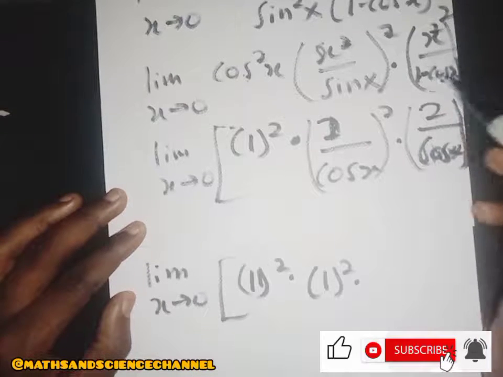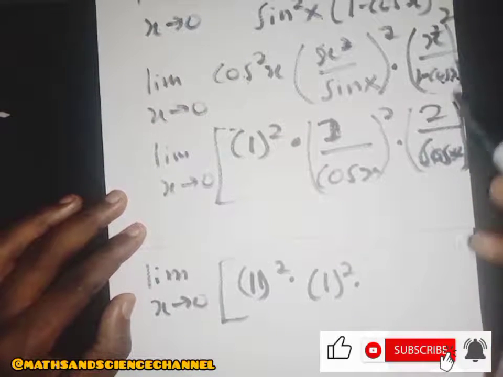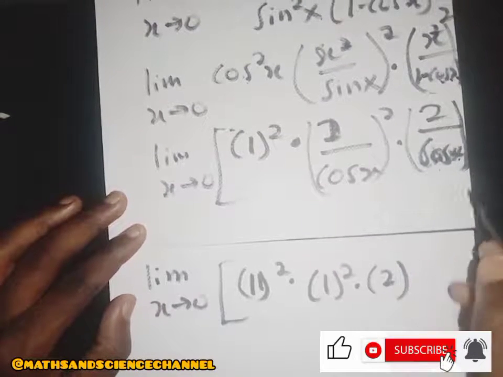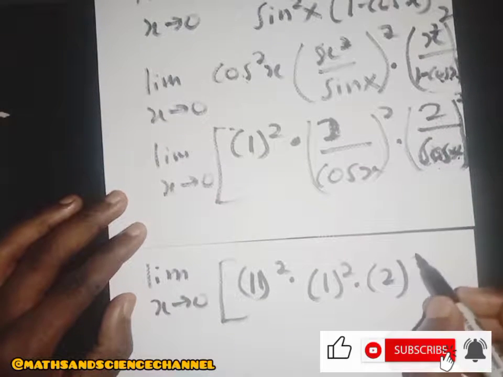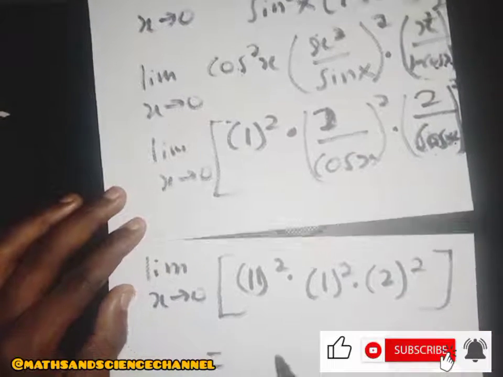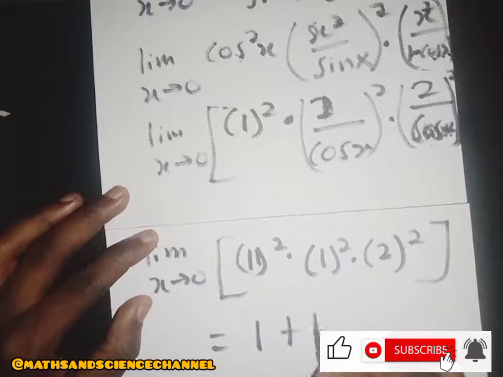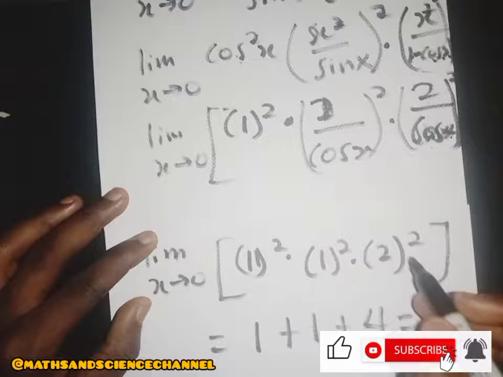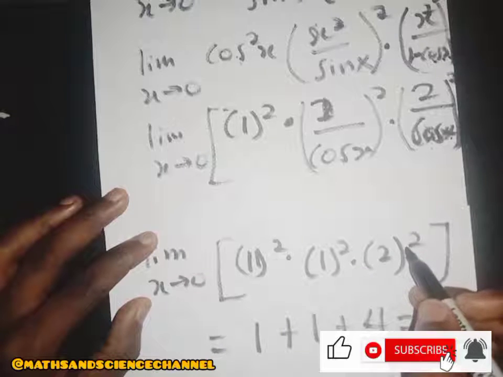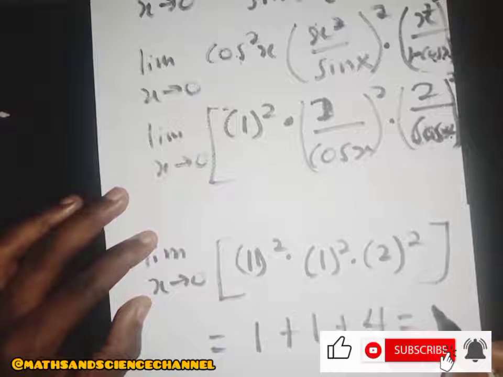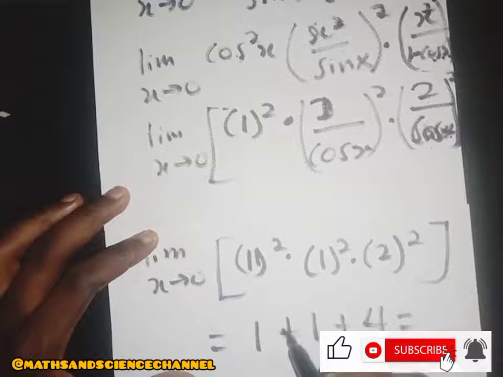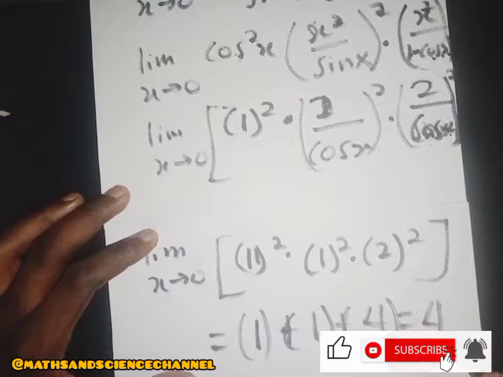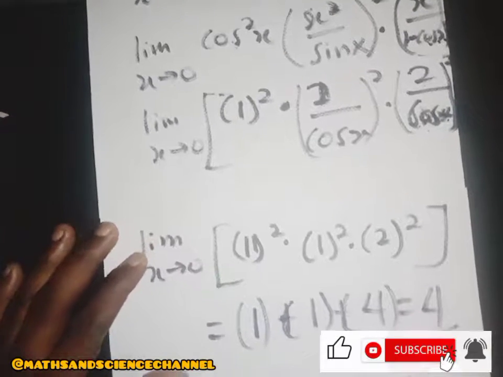We differentiate sine again, we just have cos x. So cos 0 is just 1, and then we also have that one to be 2. Remember, it also has squared, so 2 squared is just 4, and remember it is multiplying, so we are just multiplying them, then our answer here will be equal to 4.